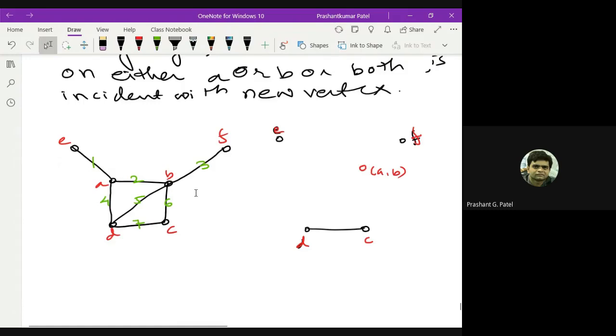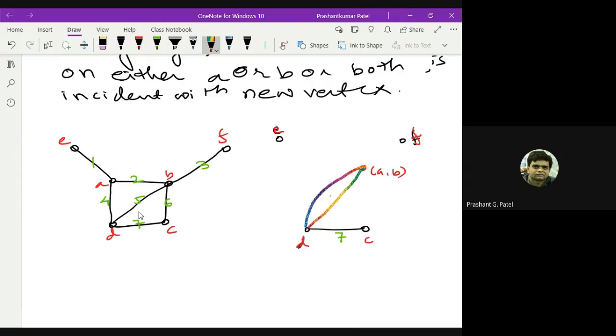So which edges are not incident with A or B? That is this edge, 7. So I am just writing the 7 as it is. Now 5 is here, so let us draw this 5 as it is. Okay, 4, which is incident with A, so that is incident with this new vertex.